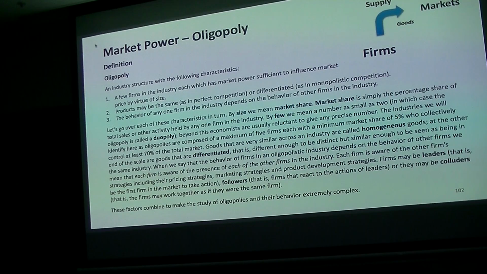Then there may also be, and this is a very important behavior that we see in industries, that firms may be colluders. They may work together. If they work together, then we say that they work together as if they're the same firm. Typically, collusion is illegal.